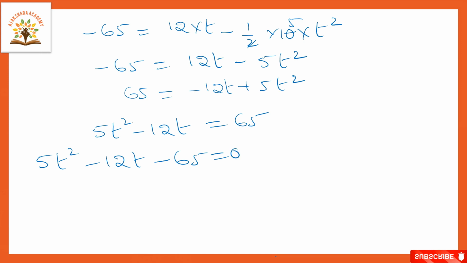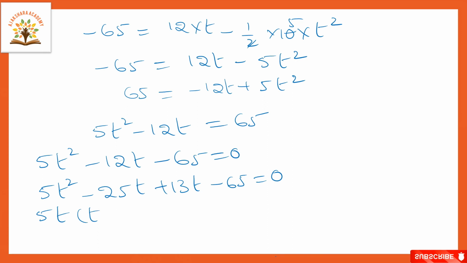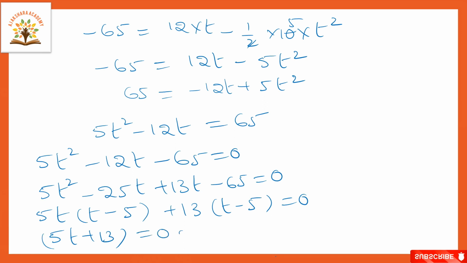So this can be written as 5t² − 25t + 13t − 65 = 0. So here taking 5t as common, (t − 5), and here 13, 13 5s are 65. So (5t + 13) = 0, or t − 5 = 0.